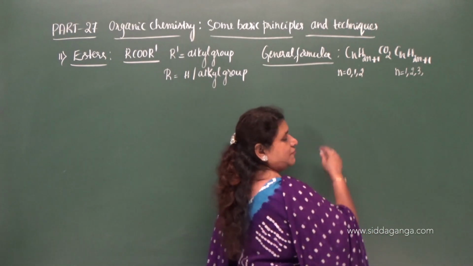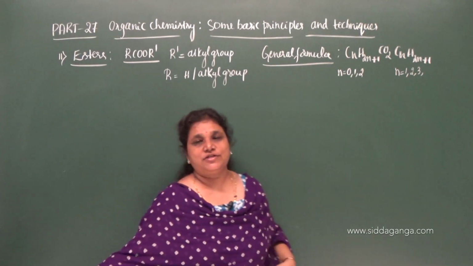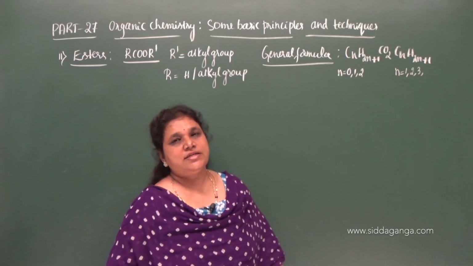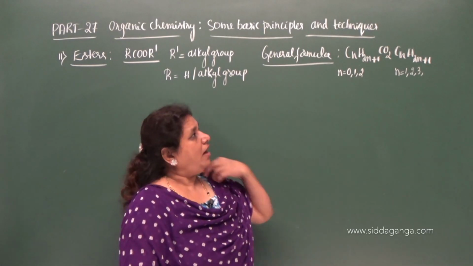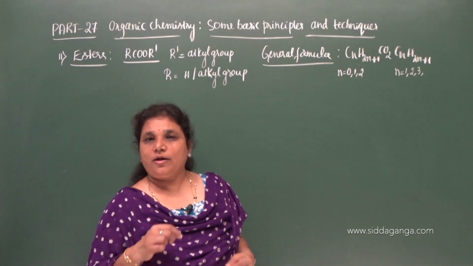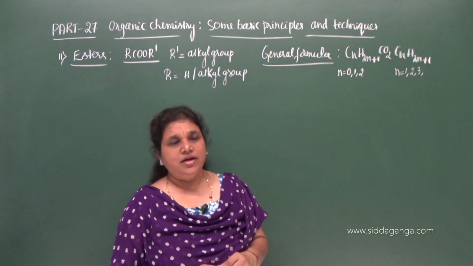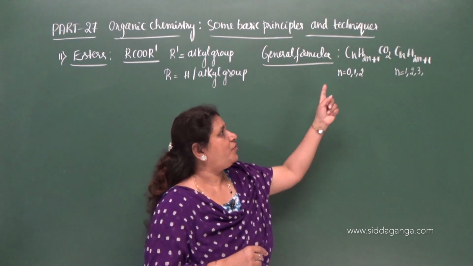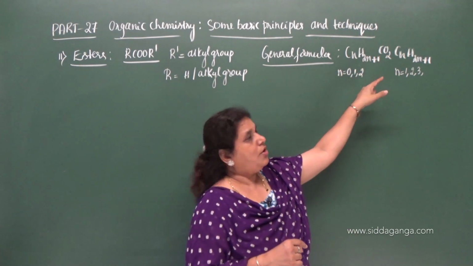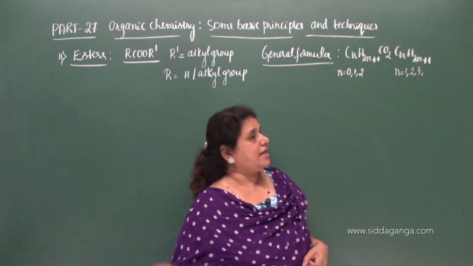And there is another general formula that we derived not on the basis of the functional group, but on the basis of the elements present in a given compound, say carbon, hydrogen and oxygen. On that basis, we derived one more general formula for carboxylic acid, that is CnH2nO2. Correct? For esters it will be CnH2n minus 1 O2, because one hydrogen atom will be less here. We removed the hydrogen of the carboxylic acid.